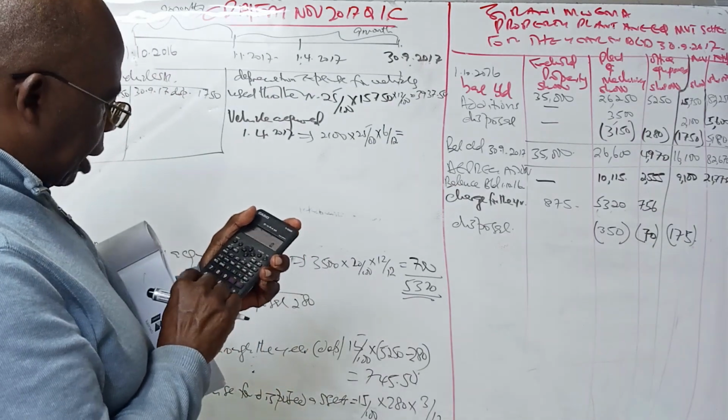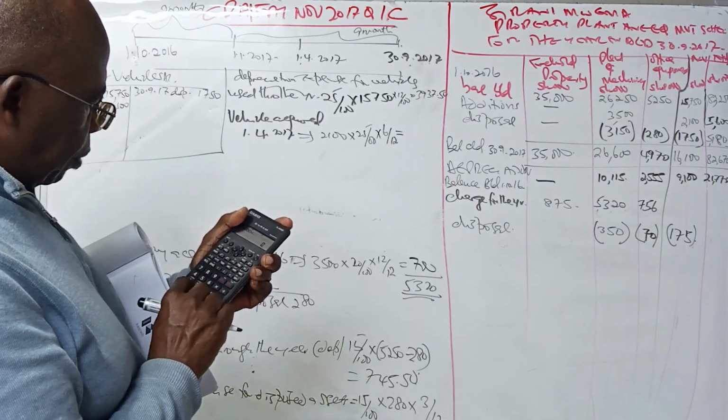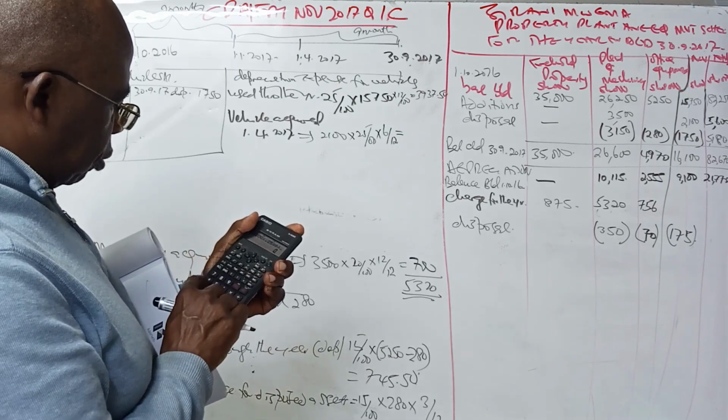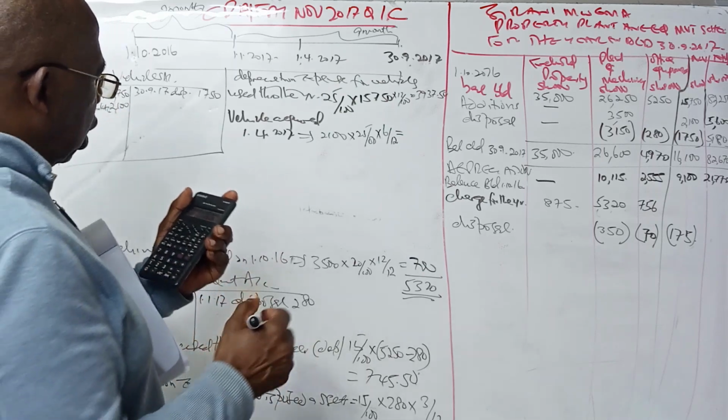And for the new one, this is 2,100 times 0.25 times 6 divided by 12. We get 262.5.